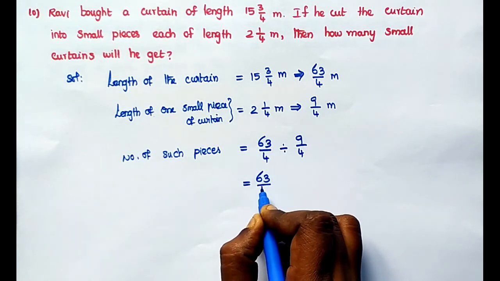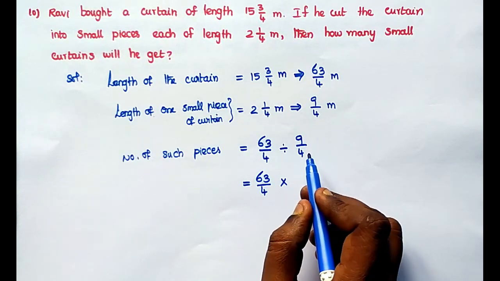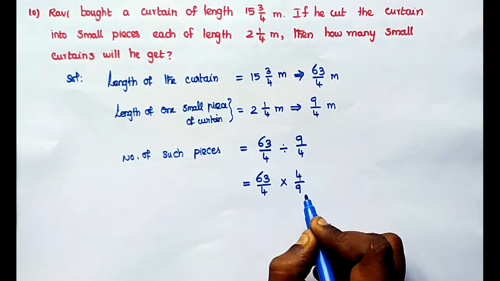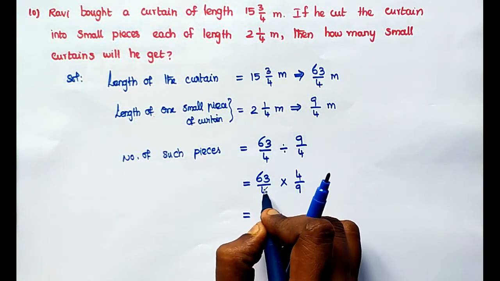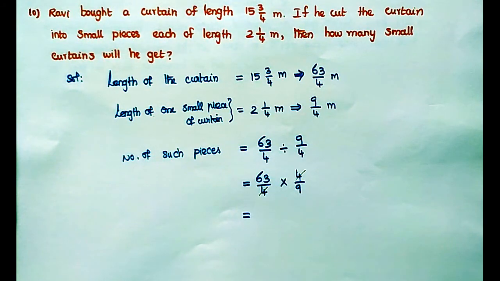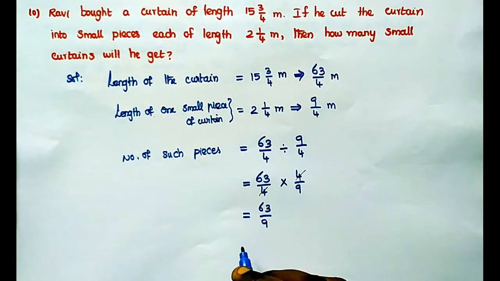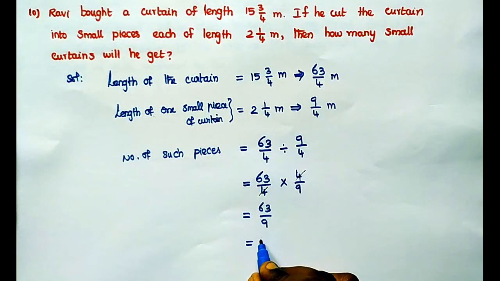What is the condition? Take the reciprocal of the second fraction. 9 by 4 becomes 4 by 9. Here 4 gets cancelled. What is the remaining number? 63 by 9, which is 7.